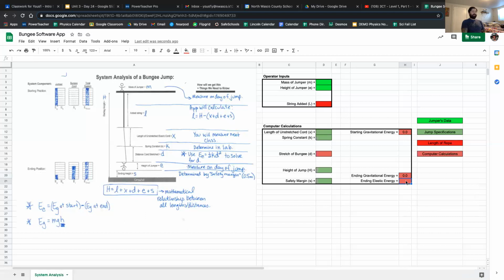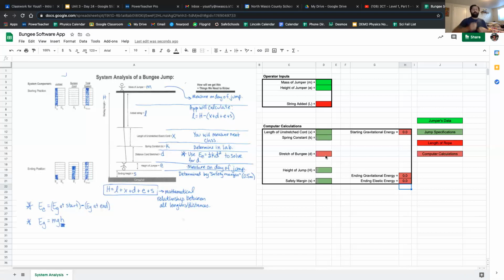So I'll just set this equal to whatever pops up in this starting one minus whatever pops up in this one. And as you can see, we'll still get 0 because 0 minus 0 gives us 0. Okay. So now we have our elastic potential energy.